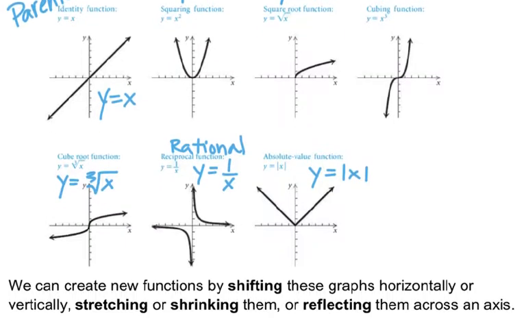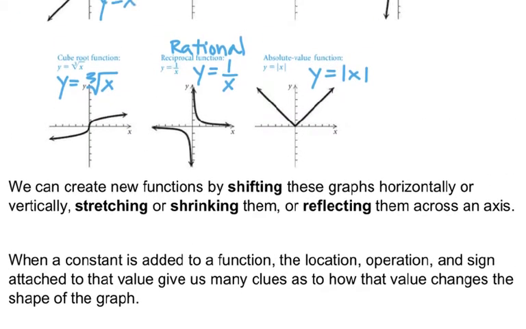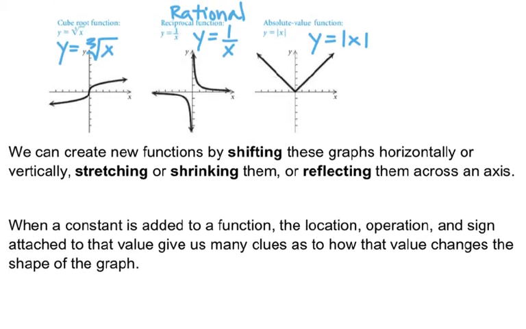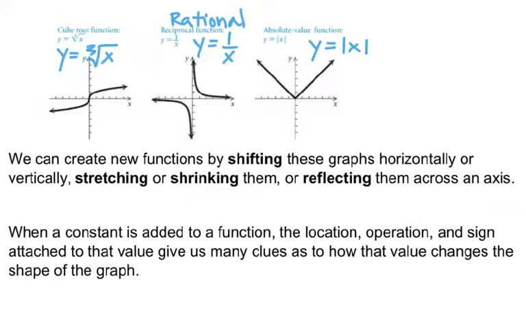All right, so continuing along, just making sure we understand what we would be doing here. We're going to create new functions, right? New shaped graphs by shifting. We can shift horizontally, which would be left and right, or vertically would be up and down.